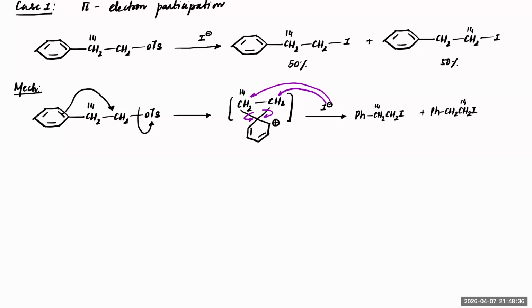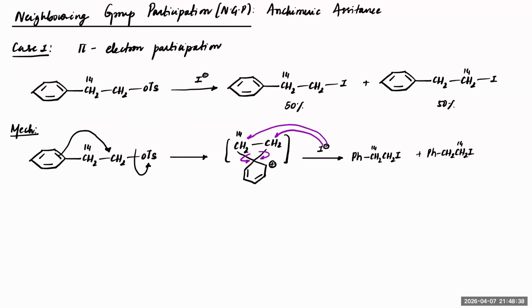Now remember the positioning here from where the leaving group is. So this is 1, 2, and 3. On the third position, we should have a double bond character, then the double bond will support. Not on the fourth. Fifth also it does, but more often 1,3 NGP is more observed.